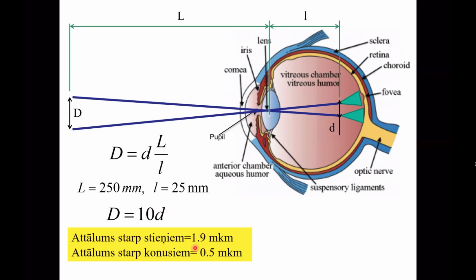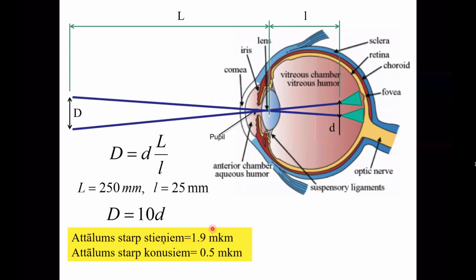Because if we had only the cones, for instance, definitely this dimension, this size may be 4 times less. But we need the rods to see it. The cones are responsible for the colors, but for vision, for instance, in not good illumination conditions, we are using the rods.